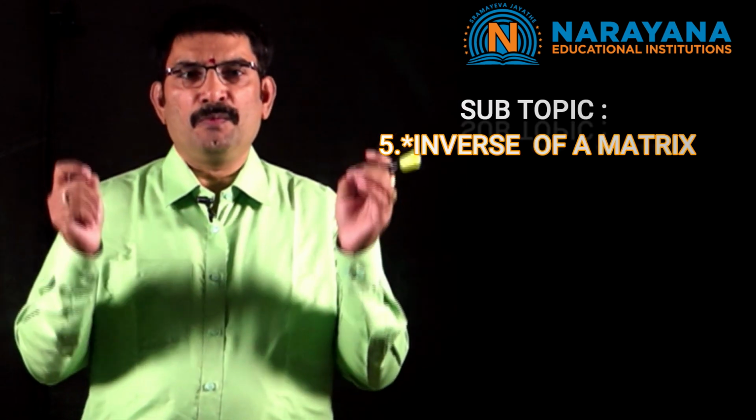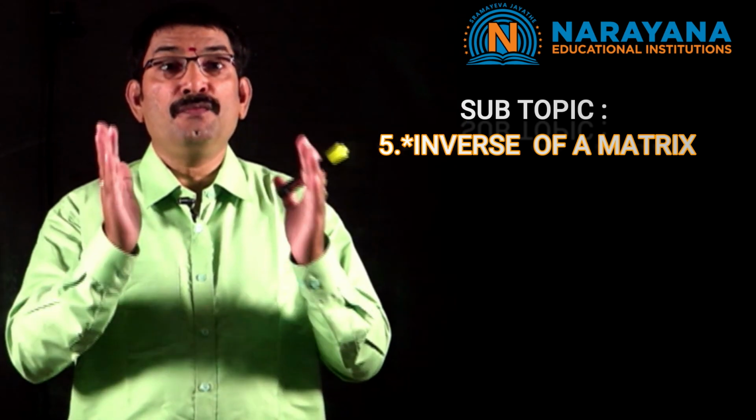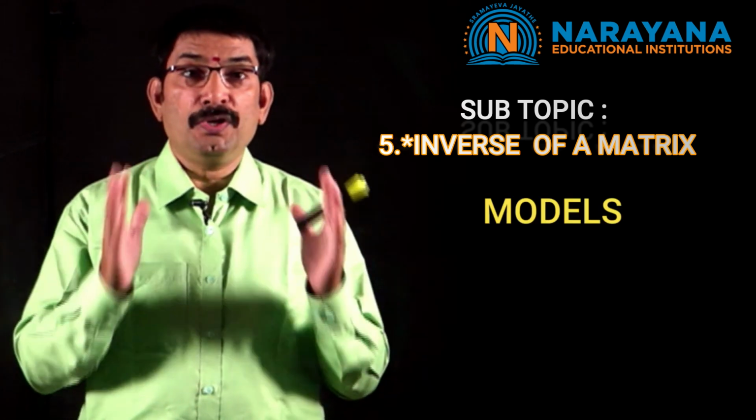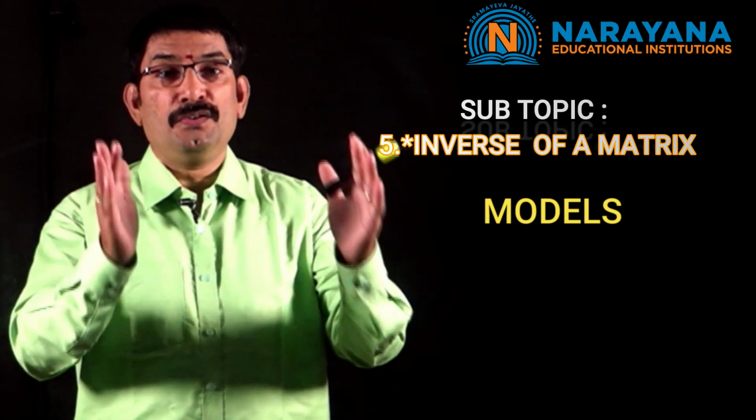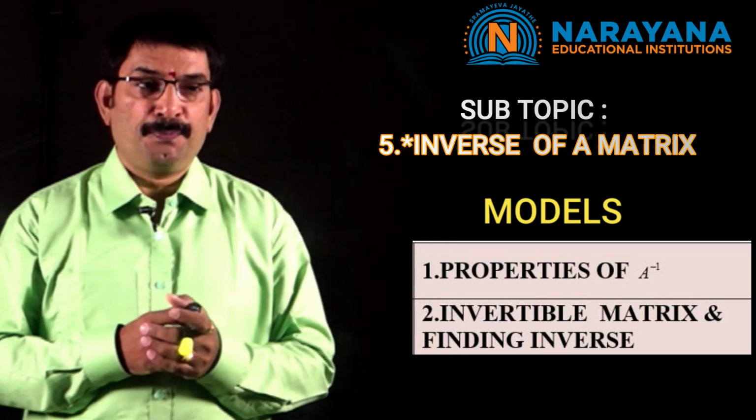What is an invertible matrix? This is the definition we come across under the inverse of a matrix. Next, under the inverse matrix, we have to discuss the singular and the non-singular. After that only we have to discuss inverse.